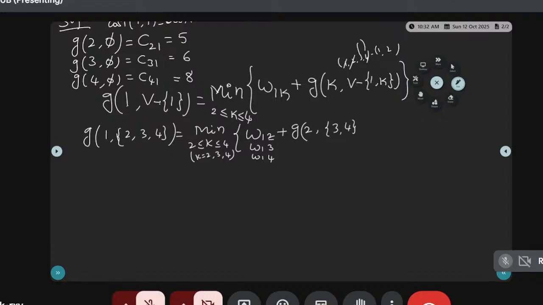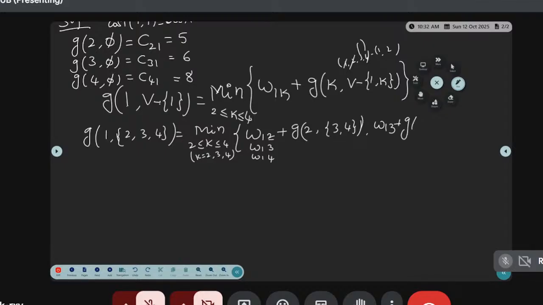I have understood this is 1 comma, now when k is equal to 2, this one comma it may be a, this is 1 comma next maybe k value 3, k value 4. If it is k value 3, then what happens: w of 1 comma 3 plus g of 3 comma, again v is always 1 2 3 4.